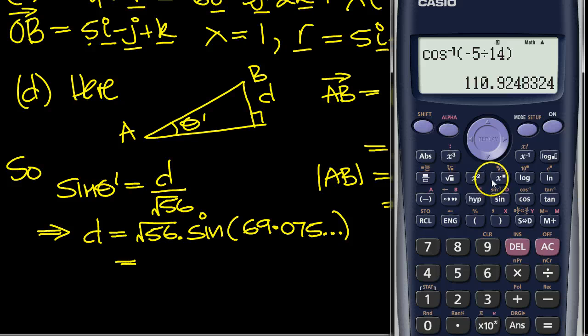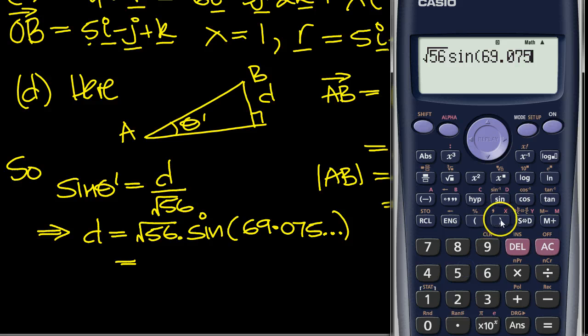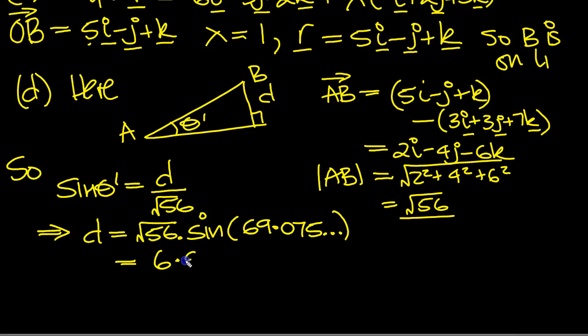So it's root 56 outside the square root times the sine of 69.075. Close that bracket. Equals. Now to 3 significant figures is 6.99, isn't it? Units, and that's the distance between the point B and the line L2, the shortest distance.